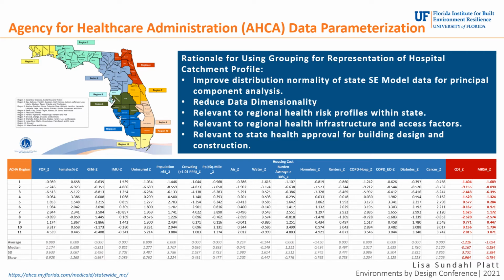diff HAI. The counties selected for inclusion in the analysis are representative of AHCA Region 3, which is also representative of the general patient catchment area of the hospital collaborating with us on this research.